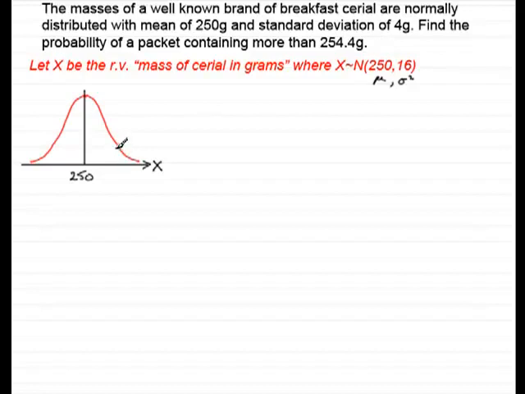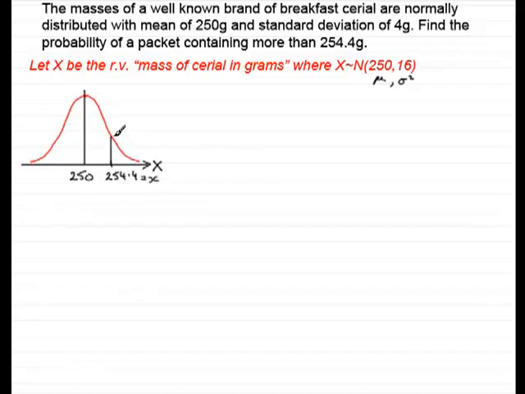So I need to place that observed value on the graph, so we'll imagine that that is the point 254.4, and we're going to call that the observed value, little x. Random variables have capital letters, observed values small letters.